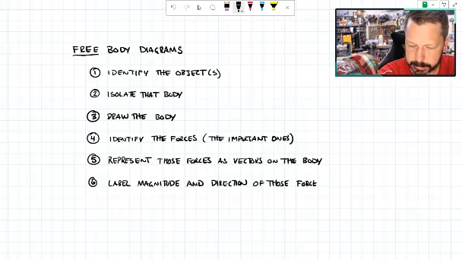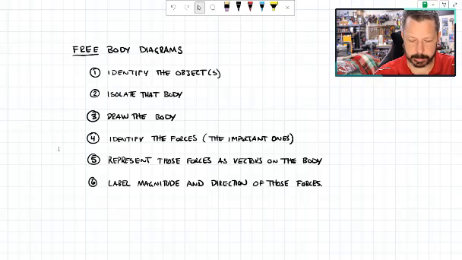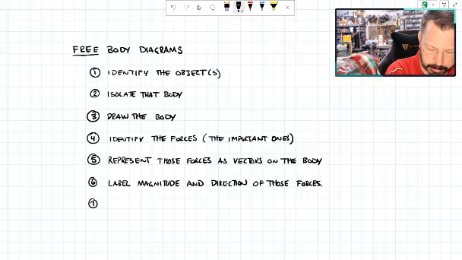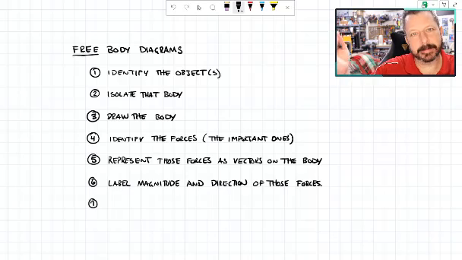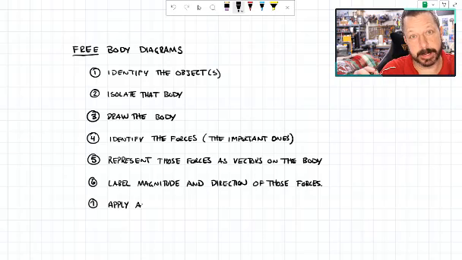And then just to clean it up, if I were drawing this out, I probably did this step earlier, but I'm writing it down as the last step: apply a coordinate system, like X, Y, and maybe Z if we're in three dimensions.